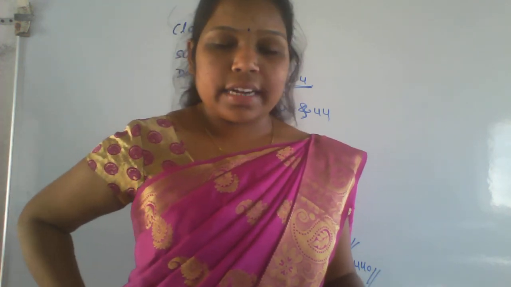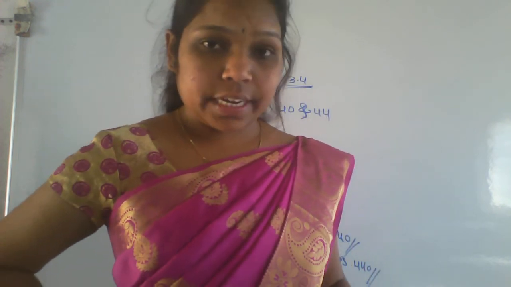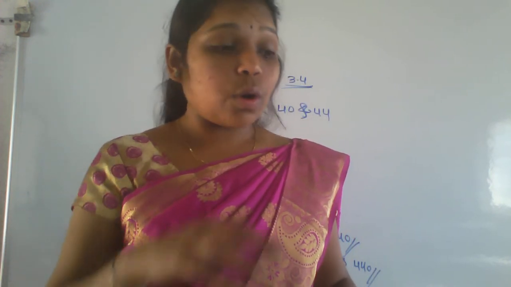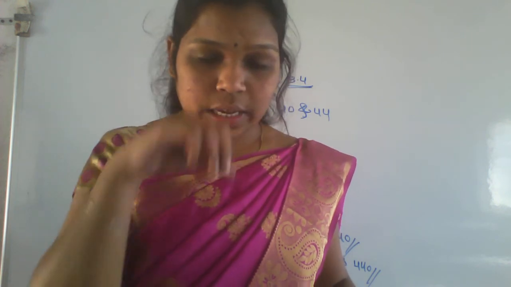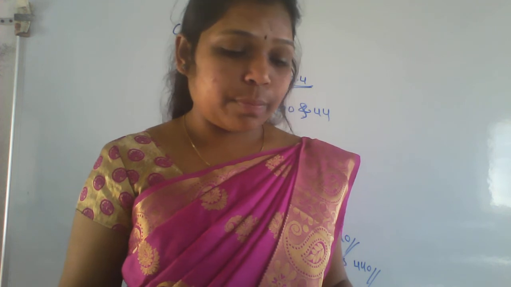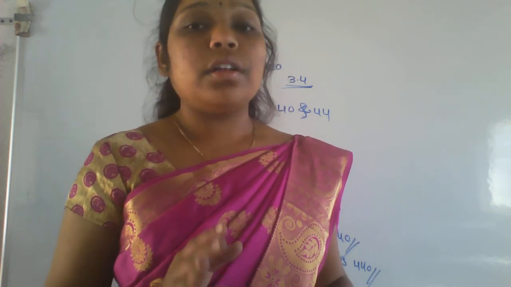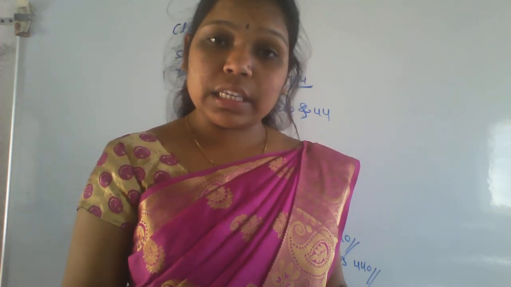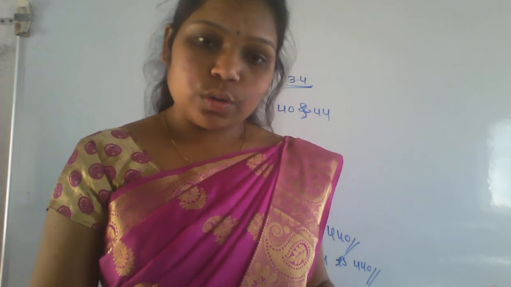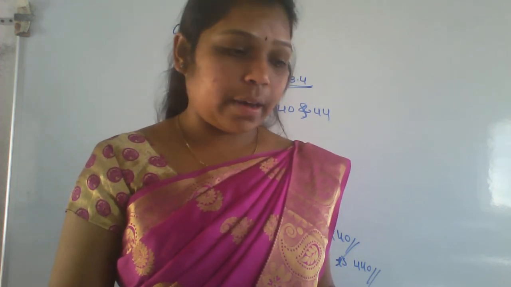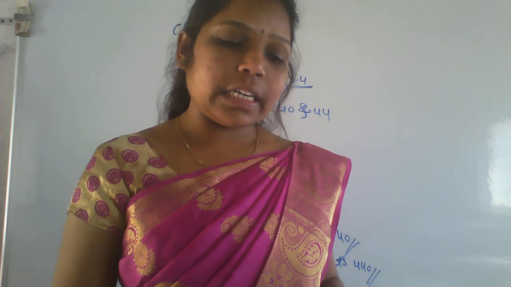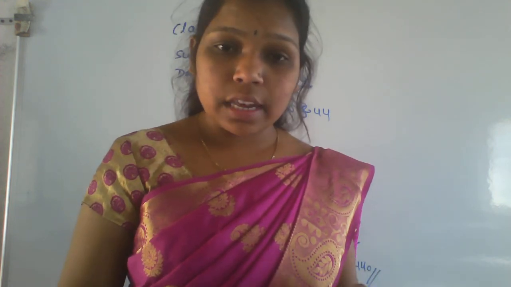I won't solve them, because the MCQs and Work It Out include all the exercise problems only, and I solved every exercise, right? Whatever problems are given in an exercise, only those are given in the MCQs and Work It Out. So you know all the types of problems here. So work out the MCQs yourself. If you get any confusion, then call me and clarify your doubts.